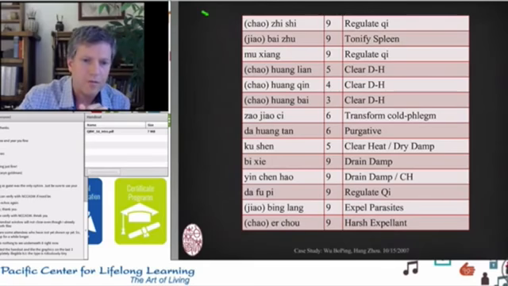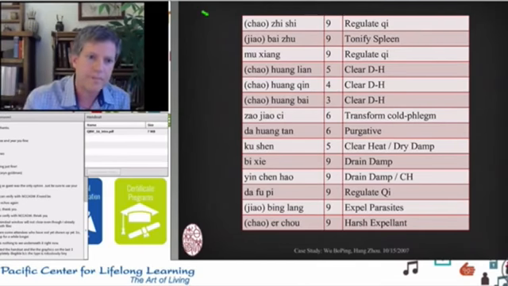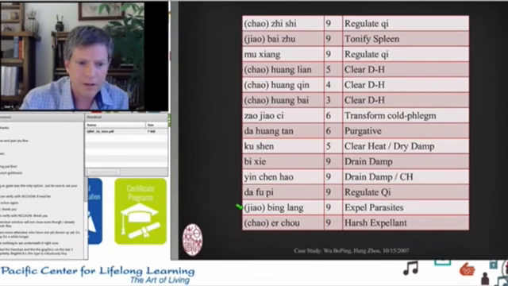If you look on the right and you just see the category the herb is in, like regulate qi, clear damp heat, it actually looks very chaotic. Expel parasites down here at Binglang. Archo is a harsh expellant. And if you look back at the case and try to make sense of this, it's quite difficult.